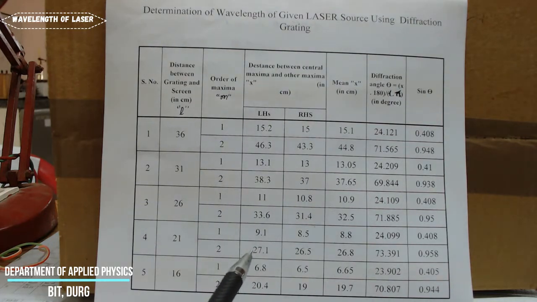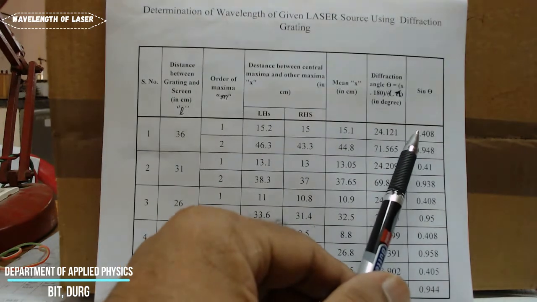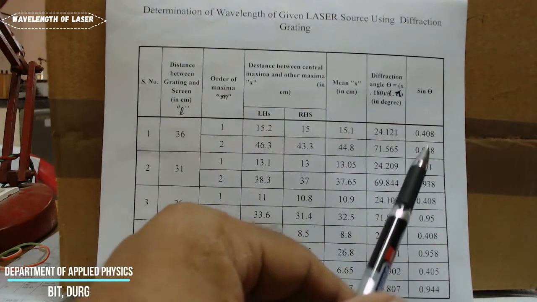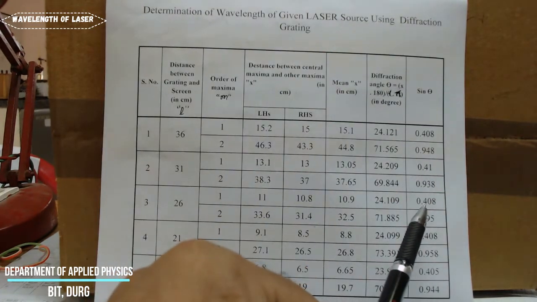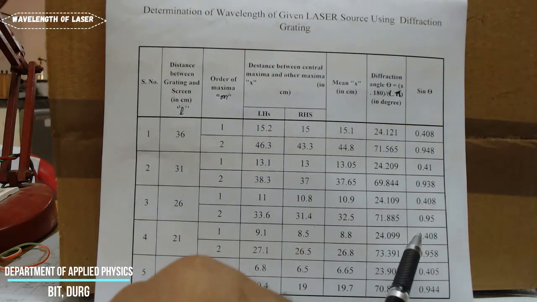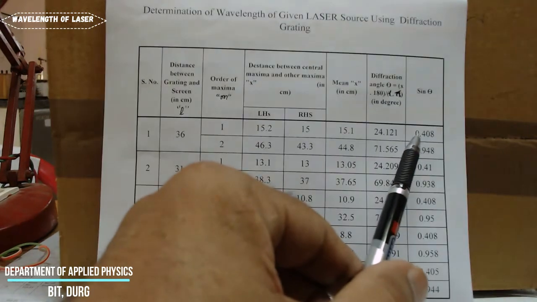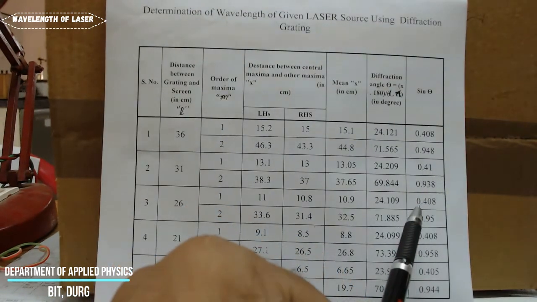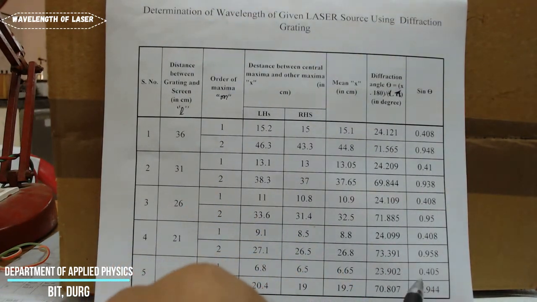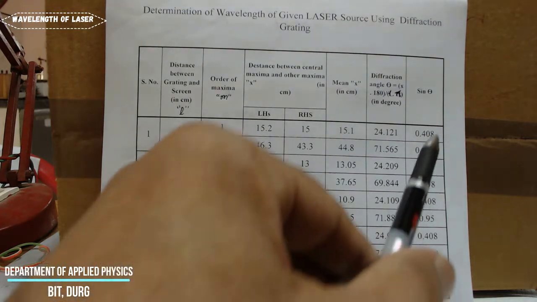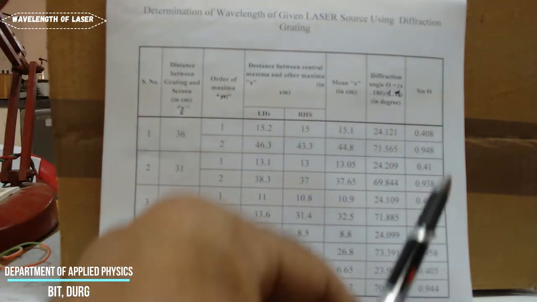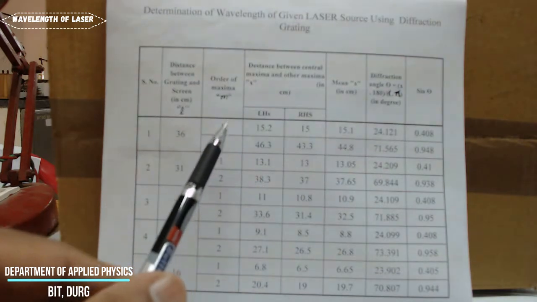One remarkable thing which you can see here is that the value of sine theta for all first order readings is approximately equal. That is 0.408, 0.41, 0.408, 0.408, 0.405. So you can get the mean of the value of sine theta for the first order.